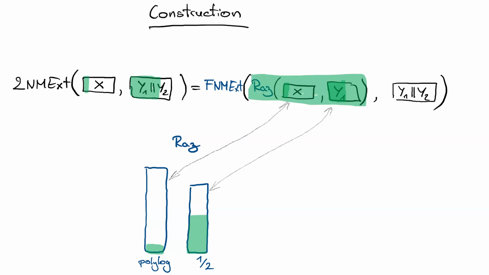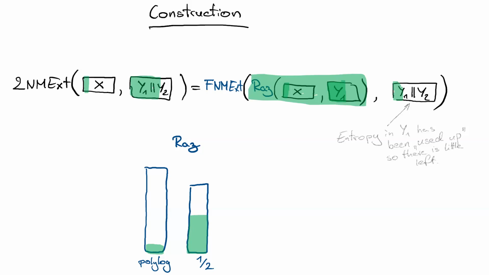And now there are small issues. The entropy of this dropped significantly because, in a sense, entropy of Y1 has been used up. In a previous step, that wasn't an issue because Y1 was very short. It was just a seeded extractor, which is super short. But now, because we have to cut it in a kind of more complicated way, this entropy is significantly smaller than entropy of this.